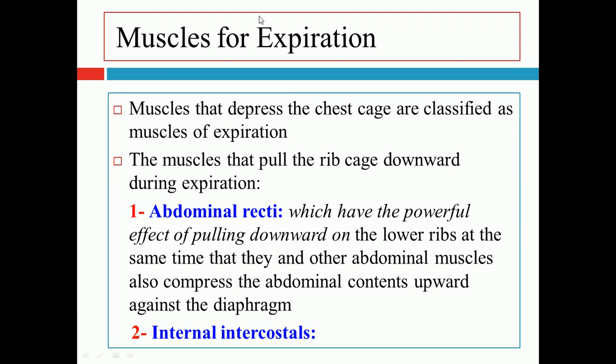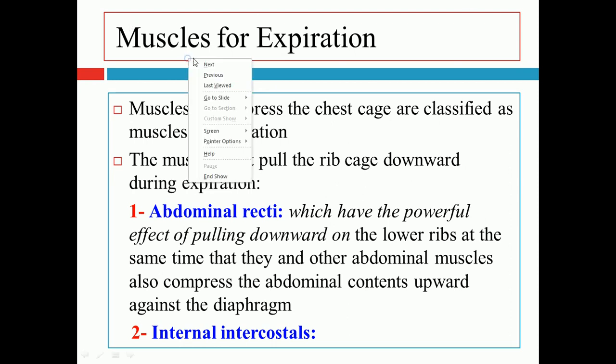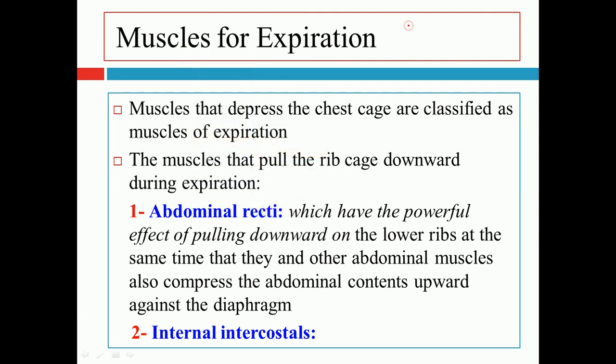Just remember what I told you before: when the muscles are contracted, they are performing their function. So for example, this is the rib cage, these are the ribs, this is the inner side, these are the internal intercostals, while this side is the outer side.